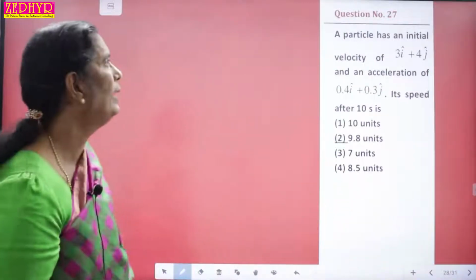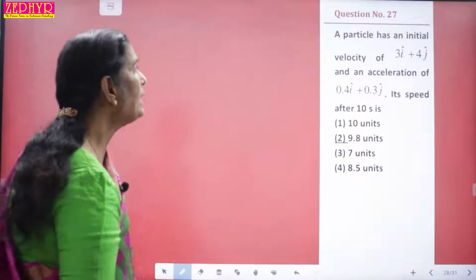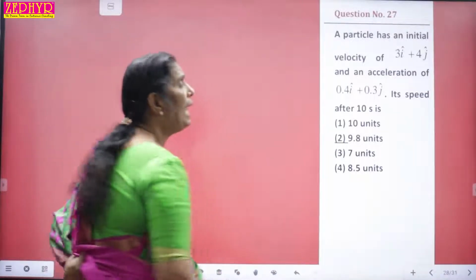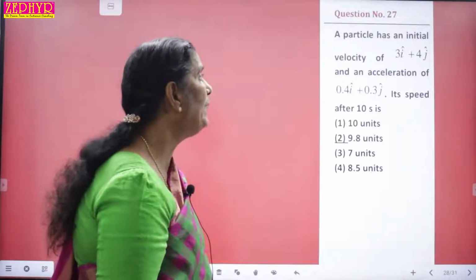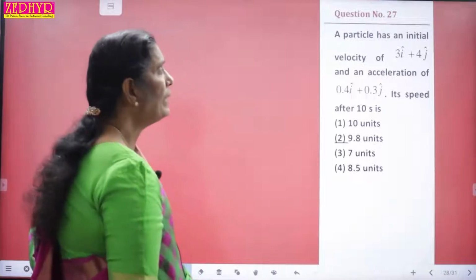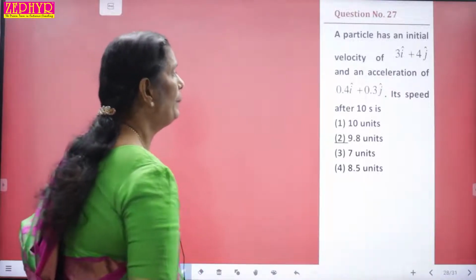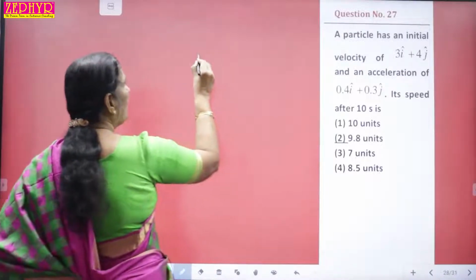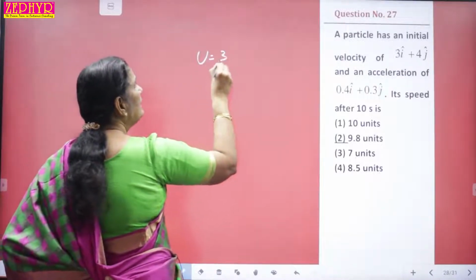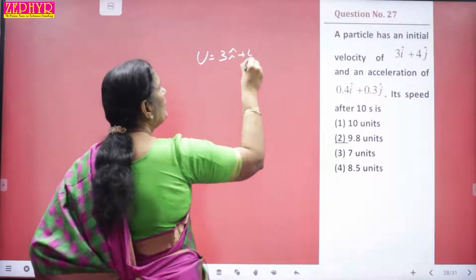Okay, yeah. The next question: the particle has an initial velocity and an acceleration, and its speed will be, find out. Again the same model. The initial velocity is 3i cap plus 4j cap.